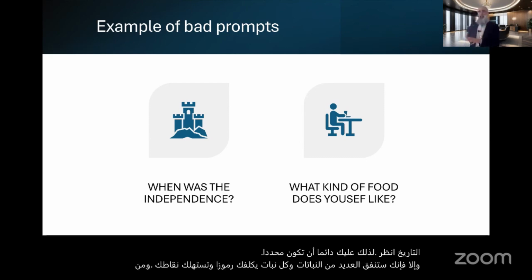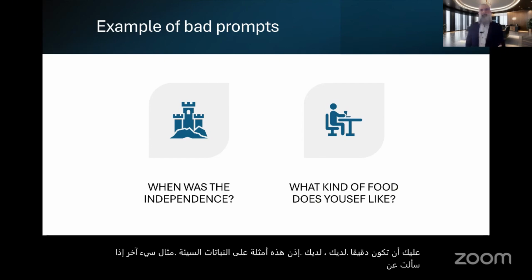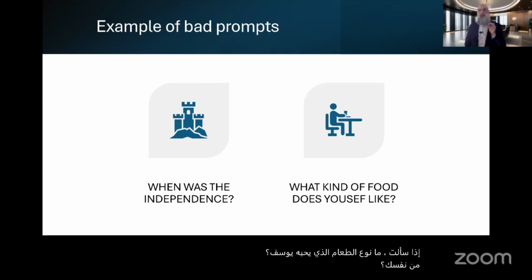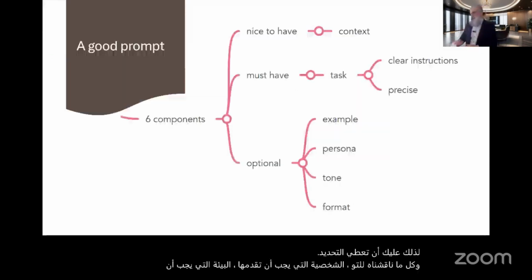So these are examples of bad prompts. Another bad example: if I ask, "What kind of food does Yusuf like?" Who's Yusuf? So you have to give specifics, and everything we just discussed: the persona, the environment, the background, which we will discuss.